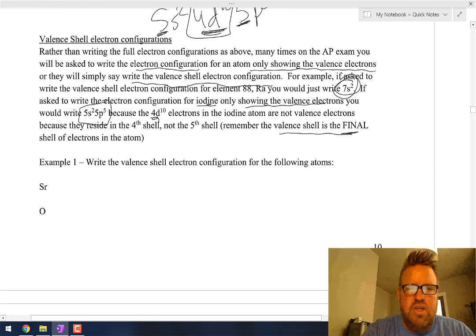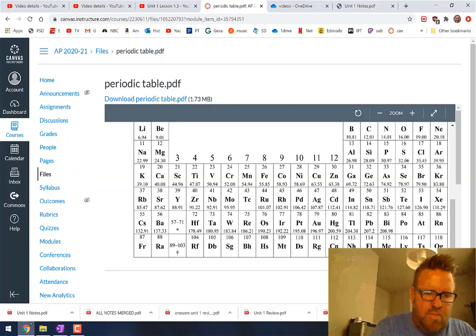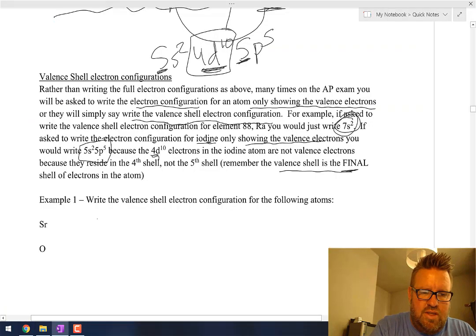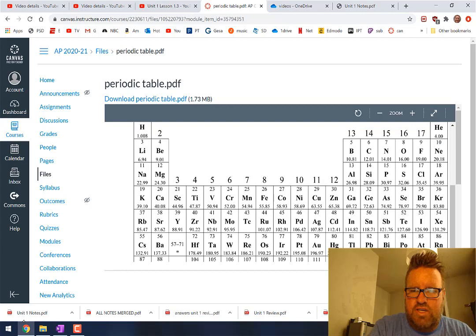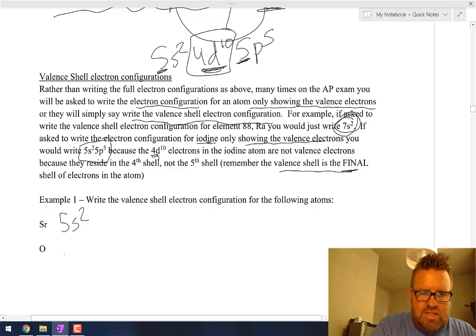So for strontium, again, we've got to go back to our periodic table here. Strontium is in the 1, 2, 3, 4, the 5th shell, and it has 2 electrons in that s subshell, so we just write 5s2. Okay, for oxygen, we come back up here. Oxygen is in the 2nd shell, so that's 2s and 2p, and we've got to fill up that s subshell, so 2s2 and then 2p4.